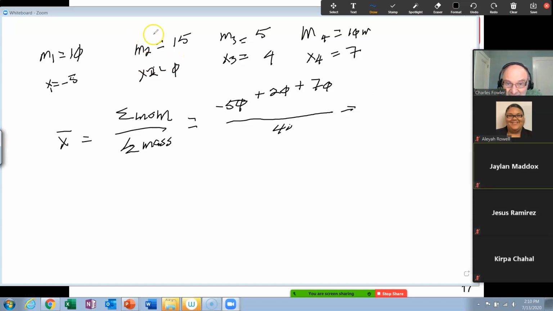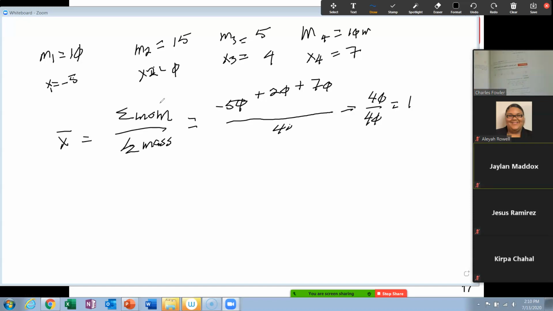All right, let's add these two together. 90 minus 5 minus 50 is 40, so that's 40 over 40, which would be 1. So 1 unit to the right. Now I kind of wish I had drawn this, but let's go back and let you look at this figure here.